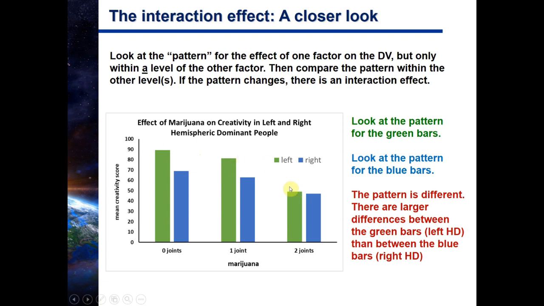However, for the right hemispheric group, again there was not a big difference, just a slight drop from 0 to 1 joint, and when smoking 2 joints there is also a decrease, but the effect of the 2 joints on the right people was not as dramatic as what we saw for the left group. So that is how we would interpret that effect.